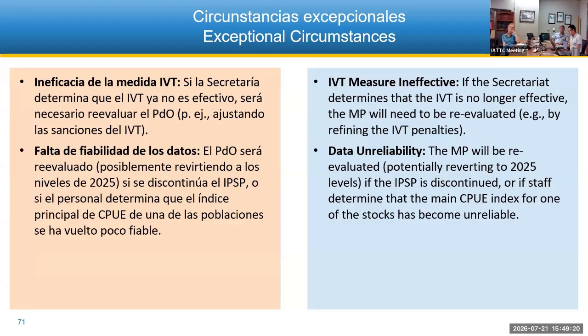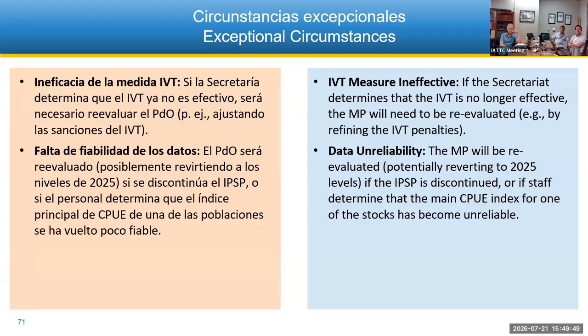So, for example, it's important to collect information from the purse seine fishery on the catch levels so that we can use that to evaluate the management procedure. So if, for example, the integrated port sampling program is discontinued, that would compromise our ability to evaluate the harvest control rule.